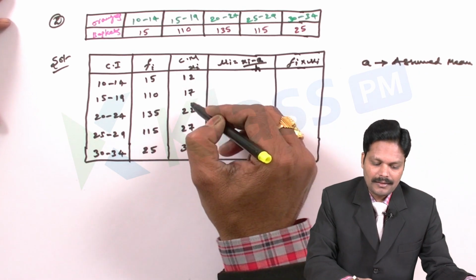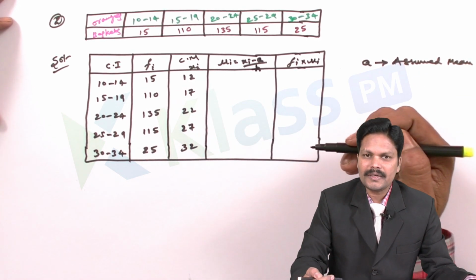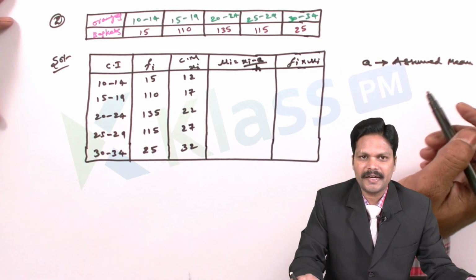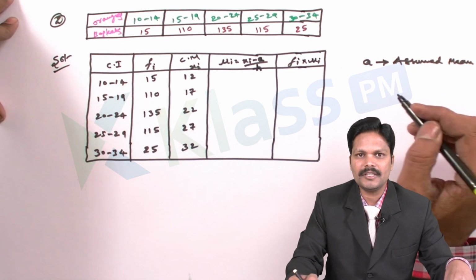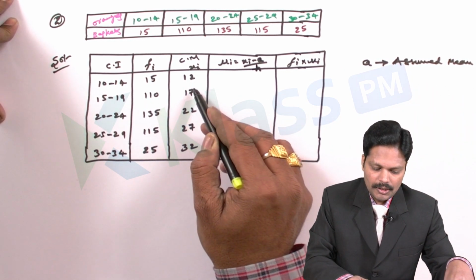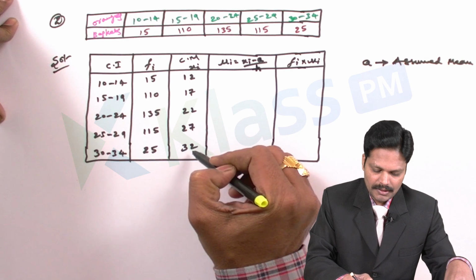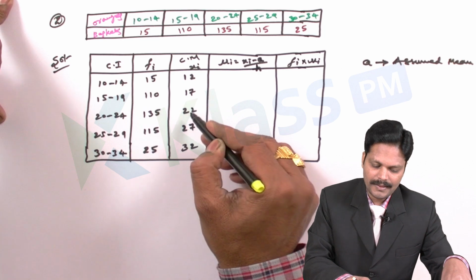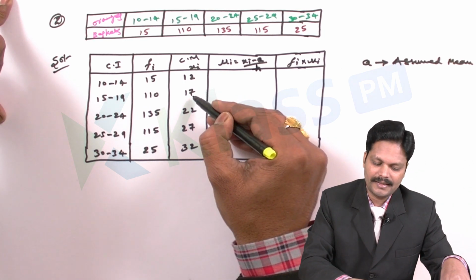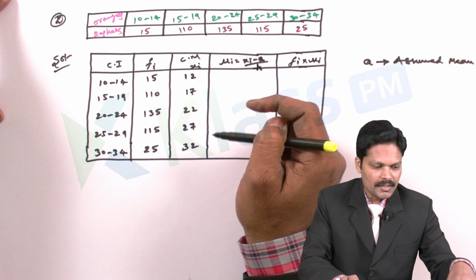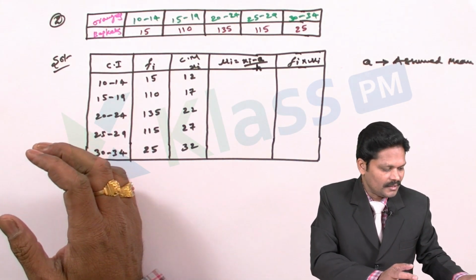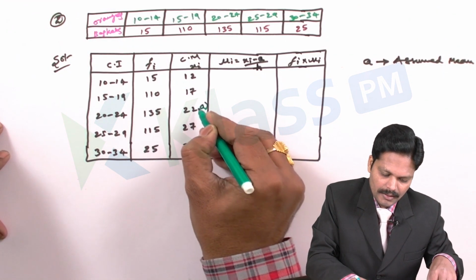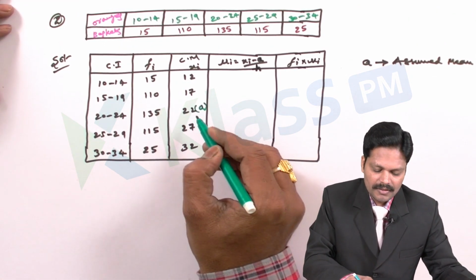Among the class marks, the lowest value and the highest value are defined, and this is the better way to choose it. Here the class marks are 12, 17, 22, 27, 32. 17 is smaller than the highest value and greater than the lowest value, so we can consider this one as the assumed mean a. In this manner we can choose it.